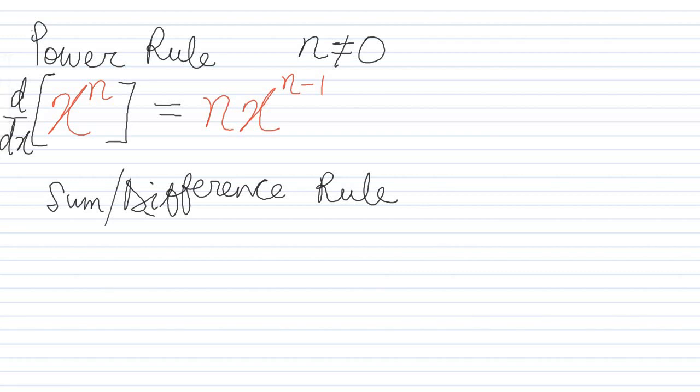So we have f of x plus or minus g of x. What is this saying? It's telling you that f of x is a sub-function added to g of x, another sub-function, or that you can have f of x minus g of x.